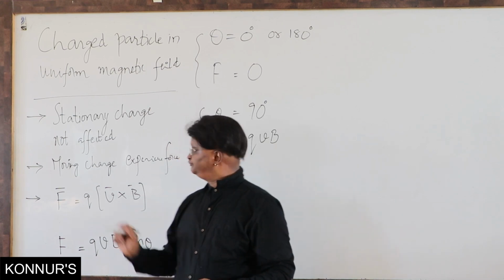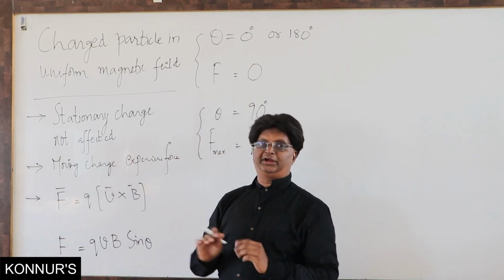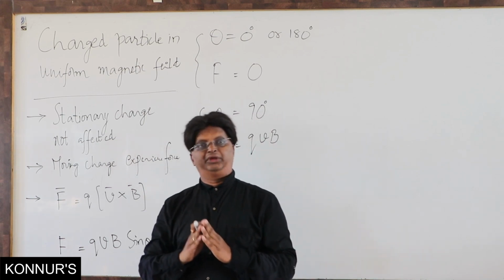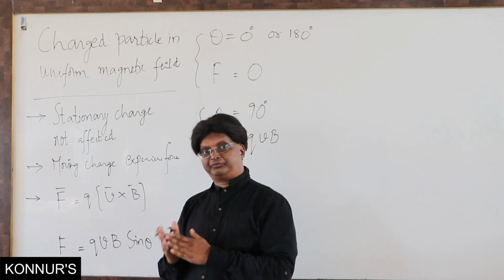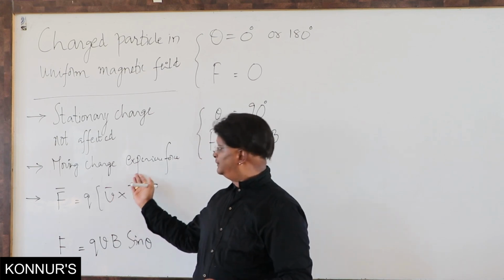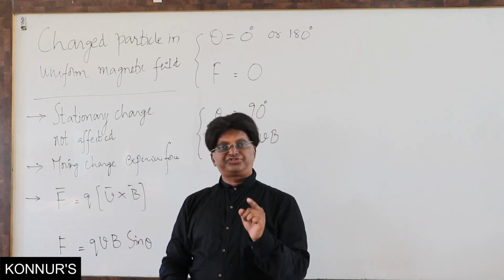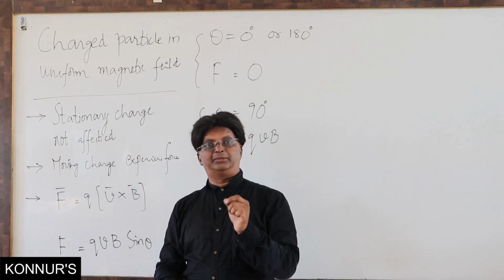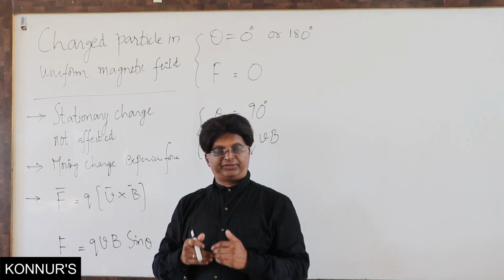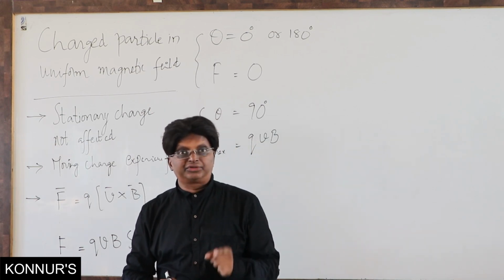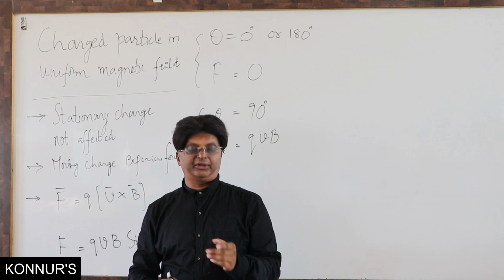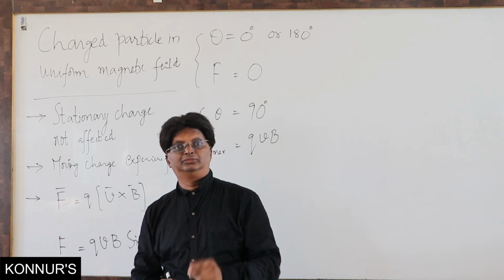The answer is that a stationary charge is associated only with an electric field, and an electric field does not interact with a magnetic field, whereas a moving charge experiences force in the magnetic field. The inference is that a moving charge is associated with a magnetic field besides the electric field also.